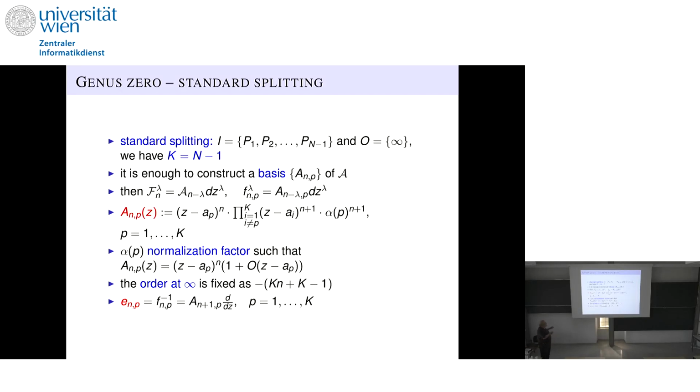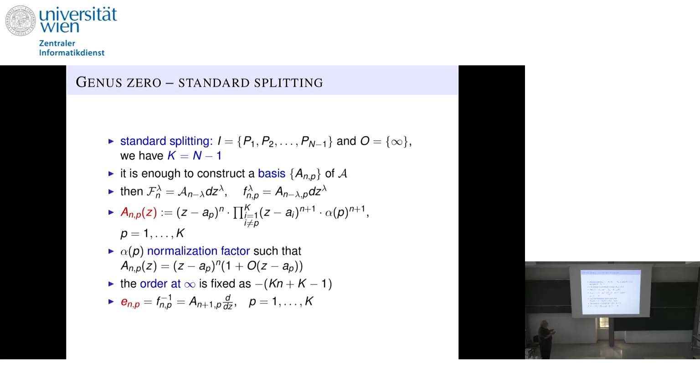There's a normalization factor. It is useful to normalize them so that at the incoming points, the Laurent expansion starts with 1. But don't pay attention to this.